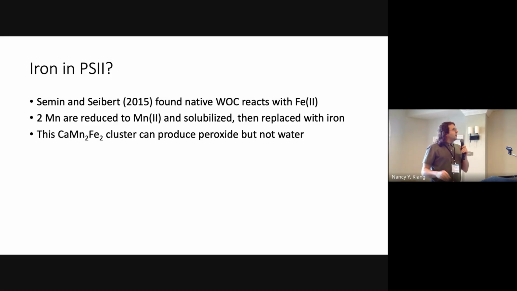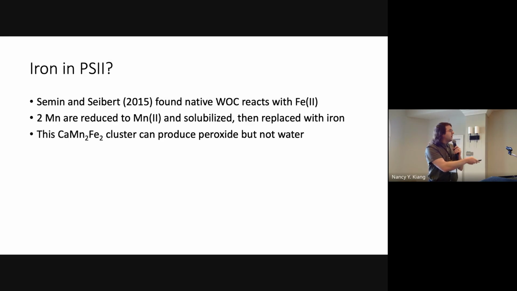Now, the only other somewhat successful substitution of the manganese in photosystem 2 has been an attempt by Boris Simon and Mike Siebert in 2015 to put iron in photosystem 2, and in this case, the native water oxidizing complex reacts with the iron 2, which causes reduction of some of the manganese.